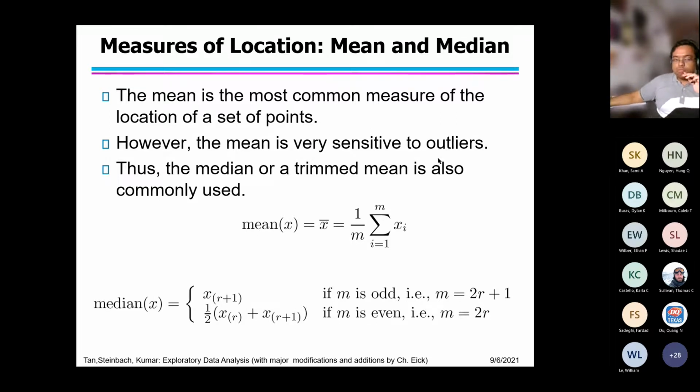In most cases, unless you have major outliers, mean and median fall very close to each other, within 2 or 3 sigma of each other. But in real world data, you will have outliers, and they're going to skew your mean, so you're going to have to be very careful about that.